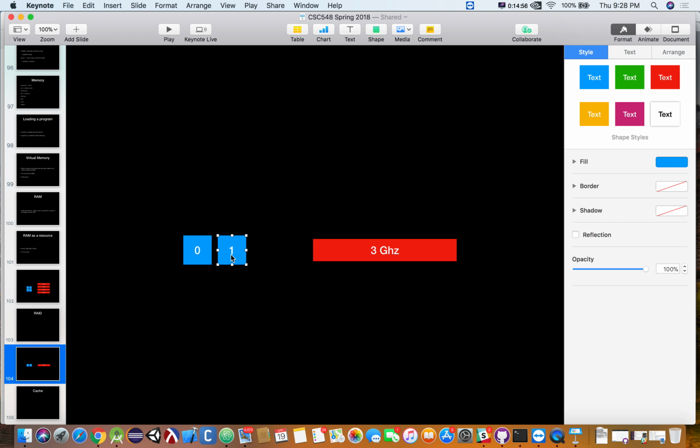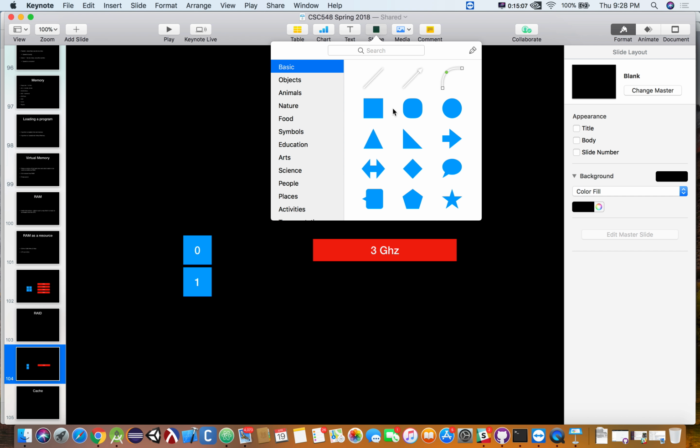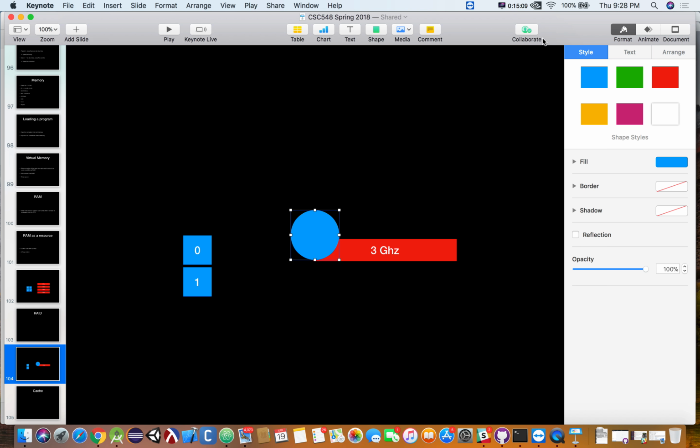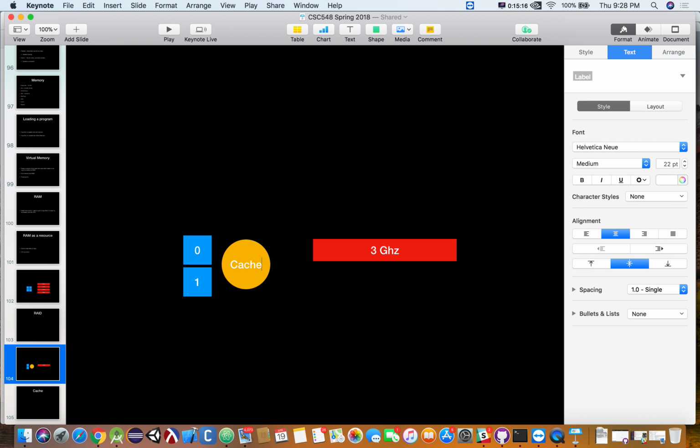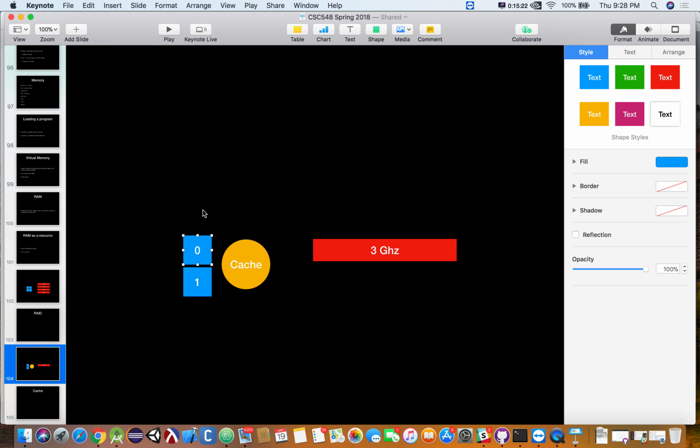Now, these guys are only getting half performance from this RAM. So by adding in some cache memory that sits, we'll just physically say it sits between the CPU cores and the physical memory.